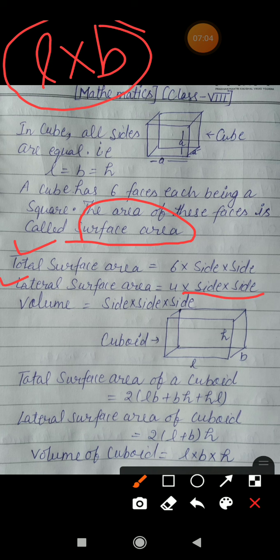Not only for a box, we have to discuss all the shapes that are present in nature. So this is the meaning of volume.